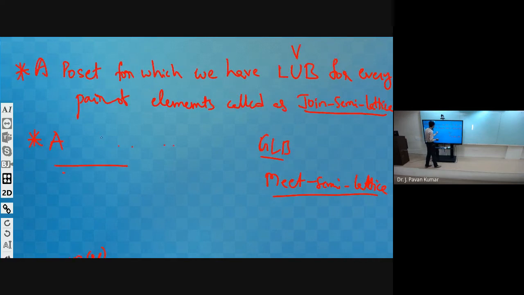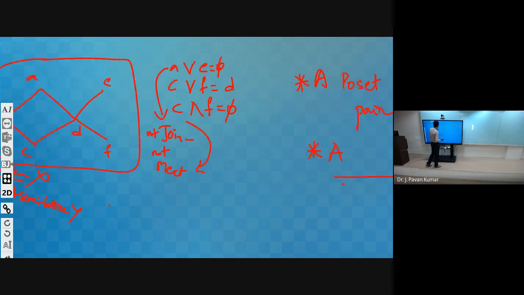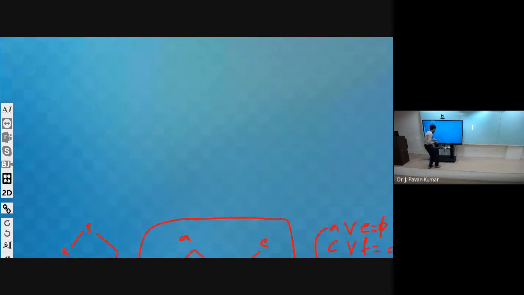Now, one important definition we will be seeing.